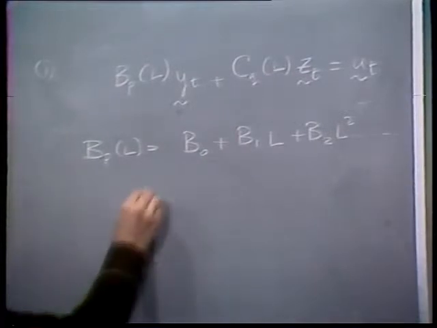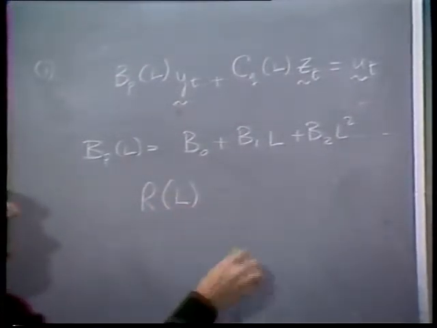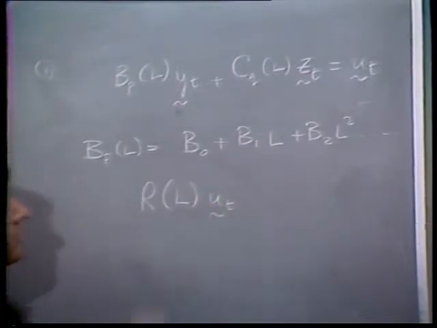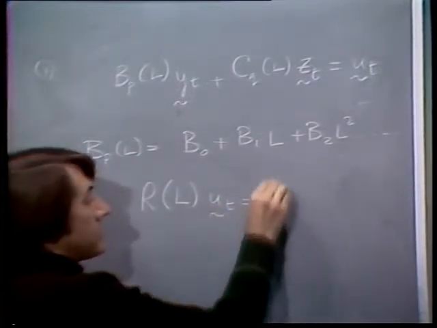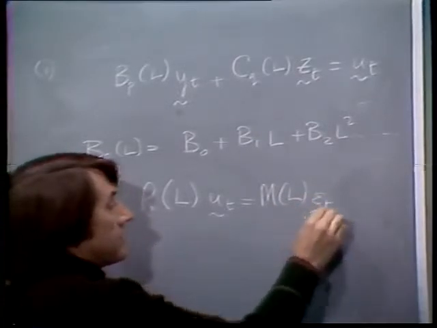Well, the error terms can now be generated by a vector autoregressive moving average process, so that we have R of L ut is equal to M of L epsilon t.